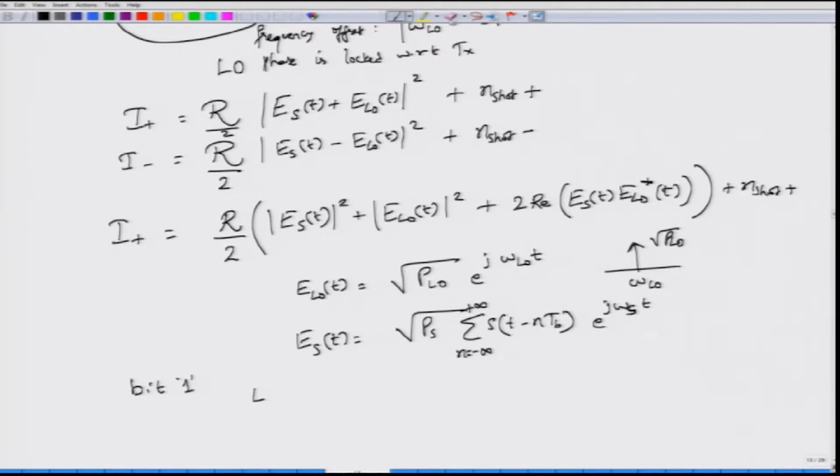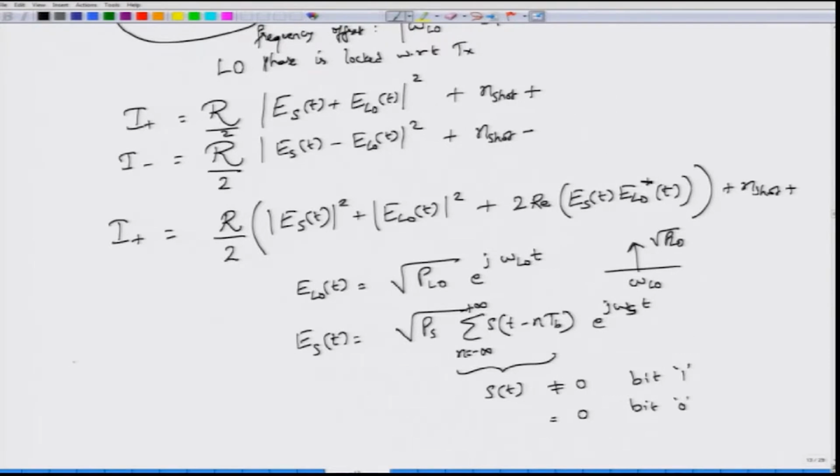So, this is Es of t, and if you look at the case when you transmit bit 1, then over one time period, let us actually look at this over one time period, for which we can remove all this summation and everything, okay. So, in the particular time period that you are interested in, this simply becomes S of t, and S of t is the optical pulse, okay. This optical pulse will be non-zero when the bit is 1, and it would be equal to 0 when the bit is 0.